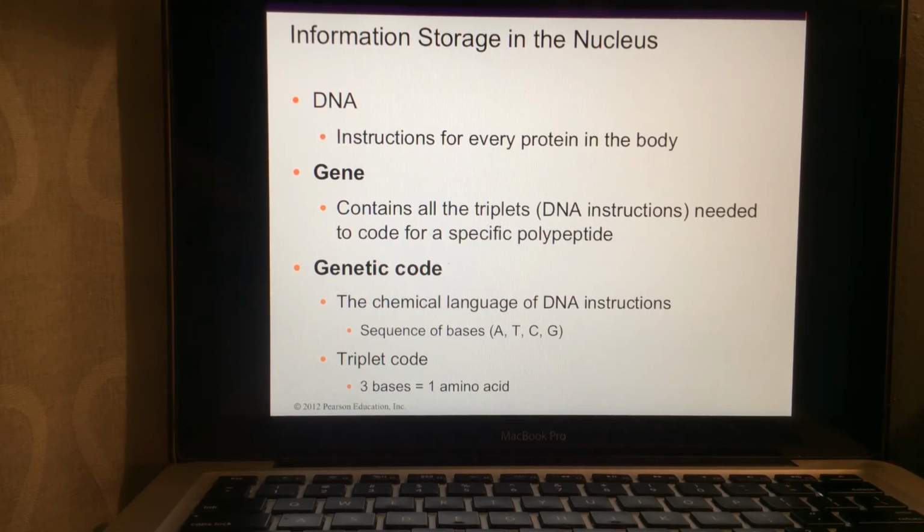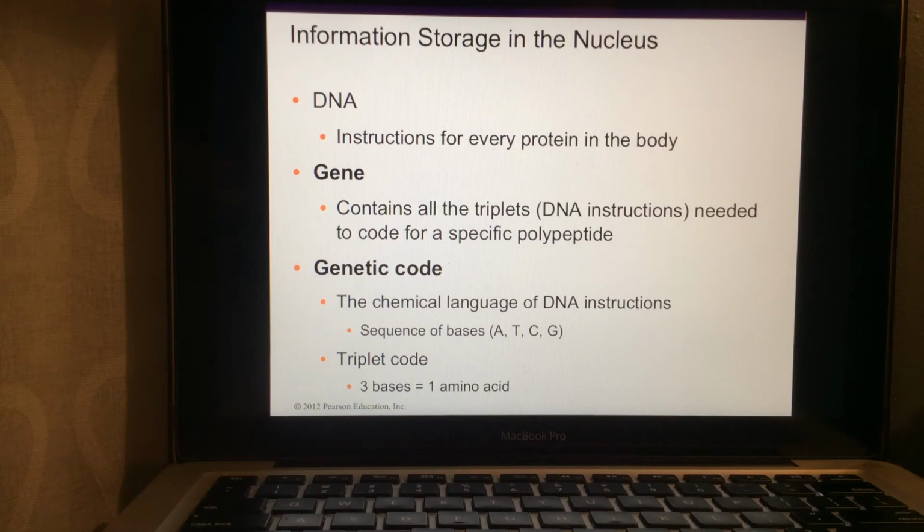This triplet code will be 3 bases to 1 amino acid. So basically, it will specify the identity of a single amino acid, but it has to be read in groups of 3, and they're called codons or triplets. Remember that a gene is a portion of that DNA strand that functions as our hereditary units.